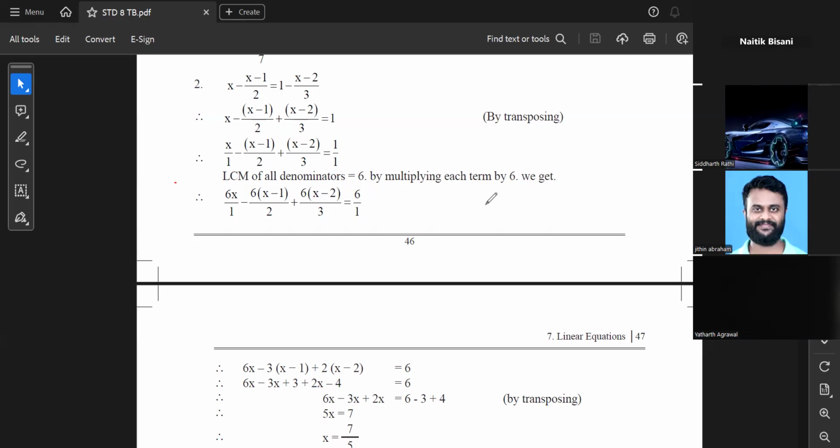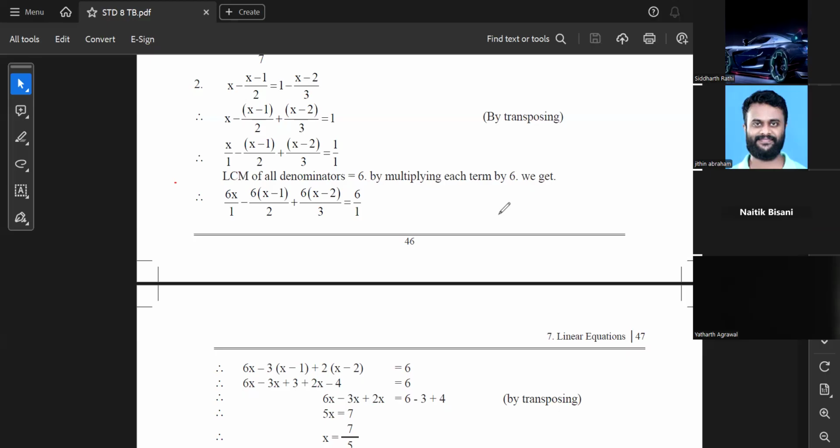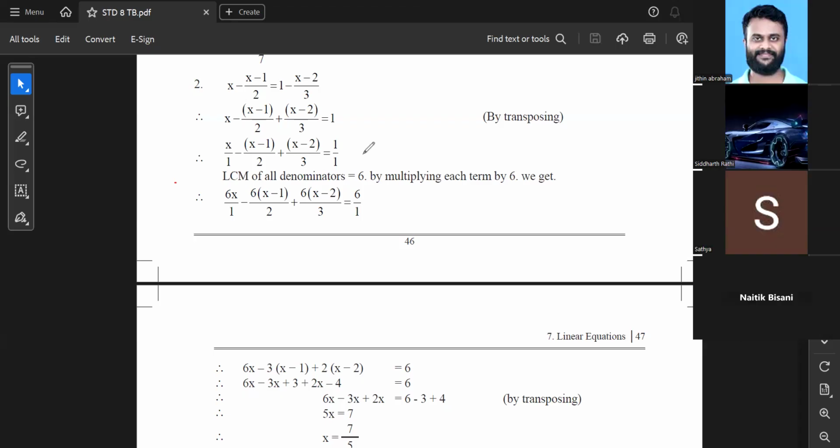Siddharth, tell me. Sir, instead of doing such a long process, in the second step where they have given (x minus 1) upon 2 plus (x minus 2) upon 3 equals 1 upon 1, can't we directly do cross multiplication and find the value? See, you can do cross multiplication only if the denominator is common for all the numbers in the left hand side.